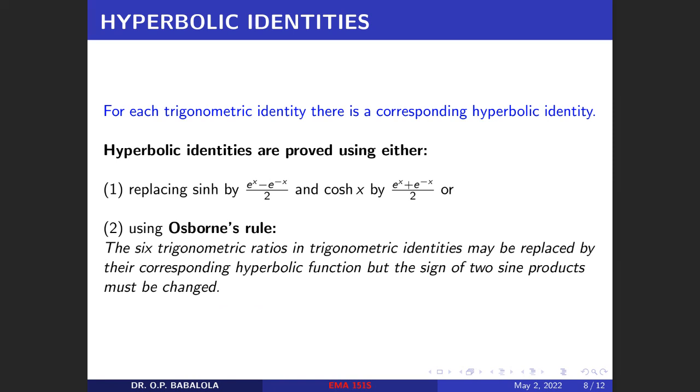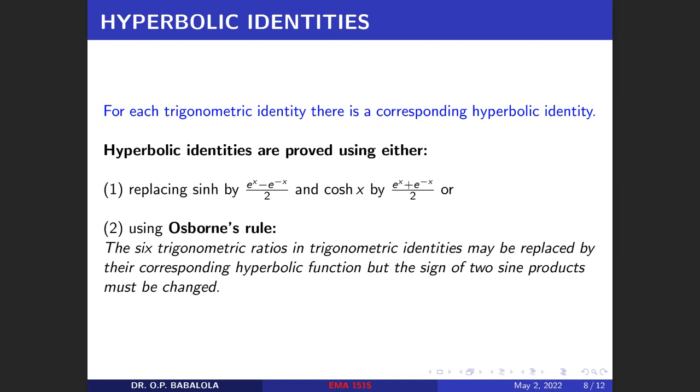Okay, what are hyperbolic identities? Recall your trigonometric identities, where you have, for instance, Pythagoras theorem that says x squared plus y squared equals z squared, or sine square x plus cos square x equals 1.